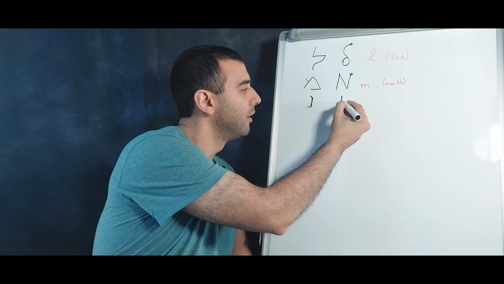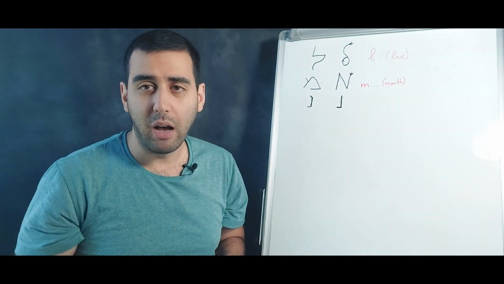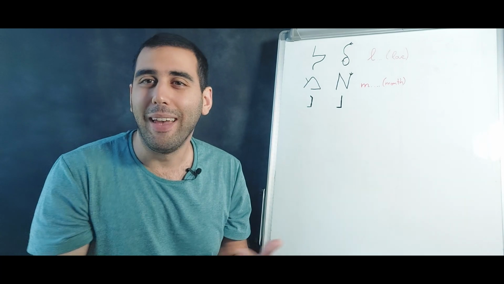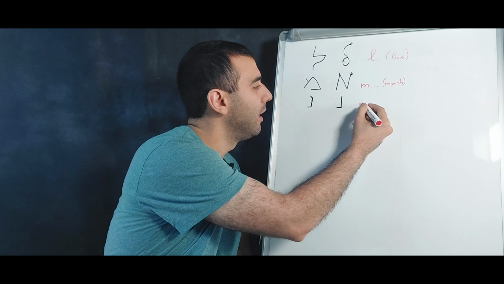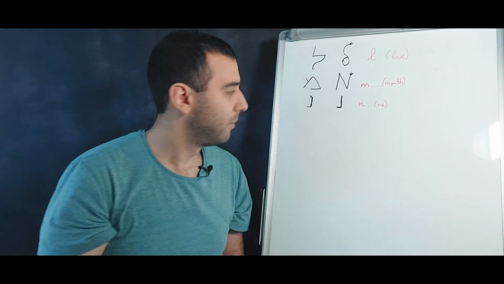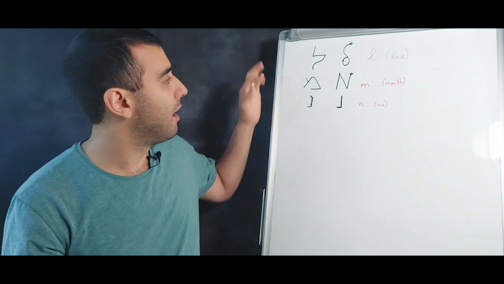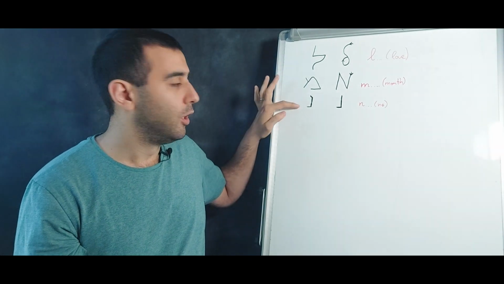This is the nun in writing form. How is it pronounced? It's pronounced like no. This is now the N, like N, for example, no. Okay, so far we have lamed, mem, nun.